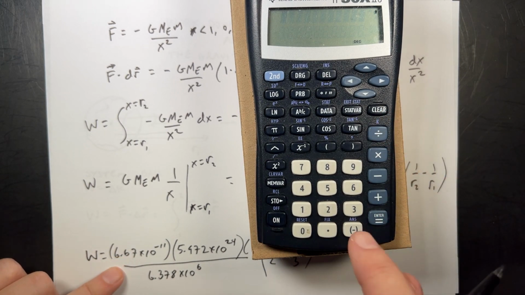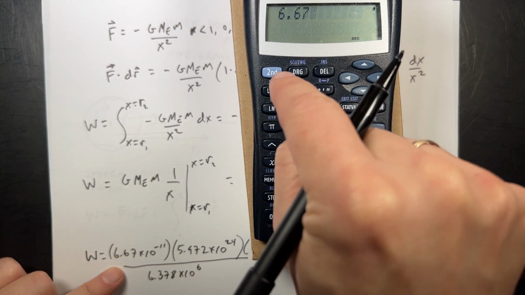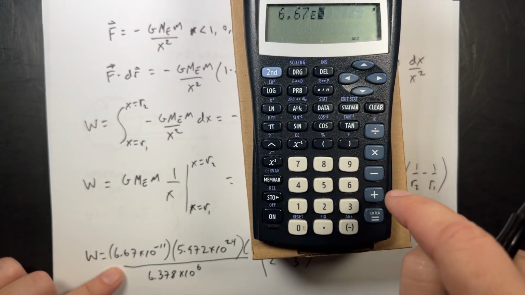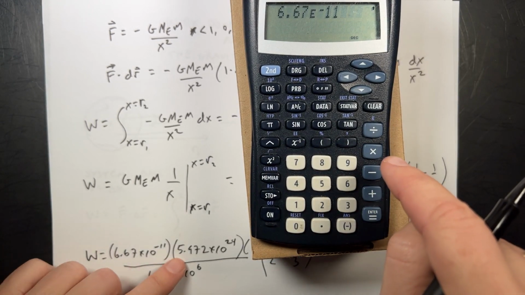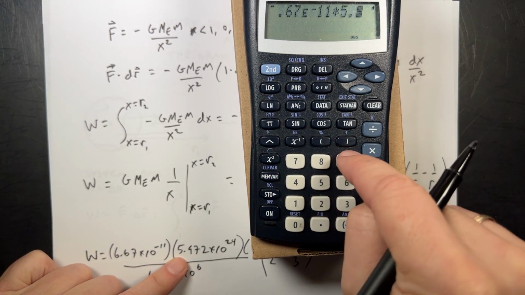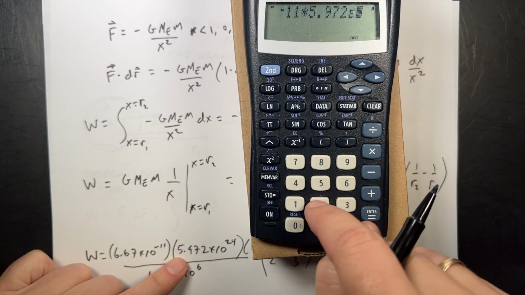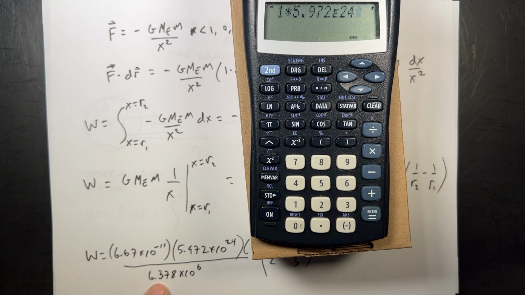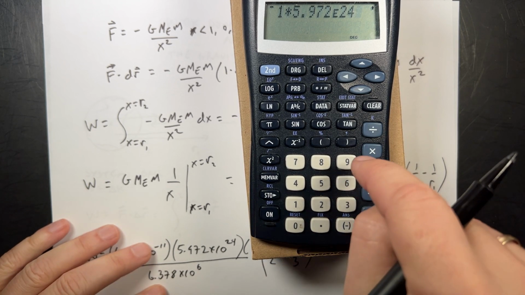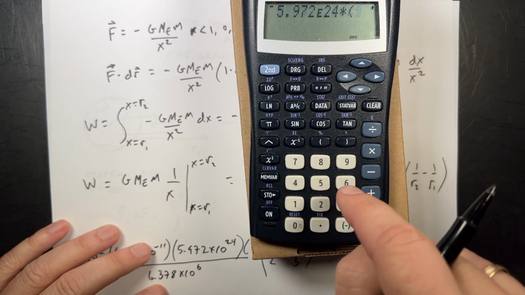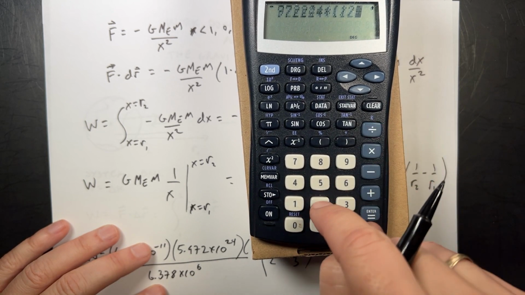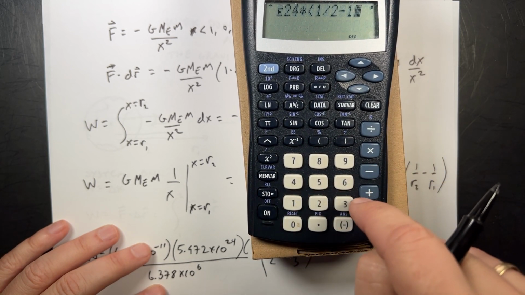Clear. So I'm going to say 6.67 scientific notation, negative 11, times 5.972 scientific notation, 24. And now I'm going to multiply by the stuff on the top. So times, parentheses, 1 divided by 2 minus 1 divided by 3.